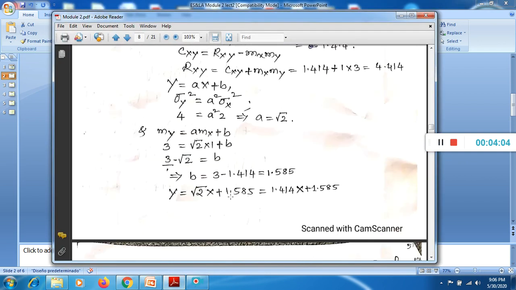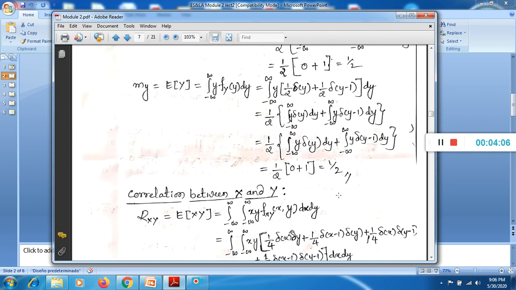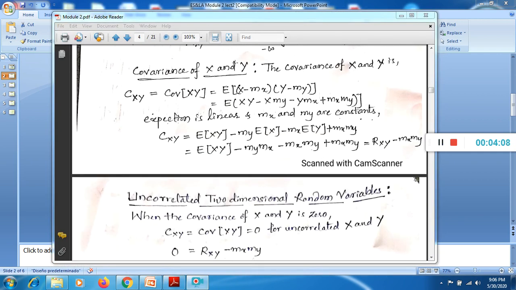Let's learn this here. The covariance of X and Y is E[(X minus m_X)(Y minus m_Y)].